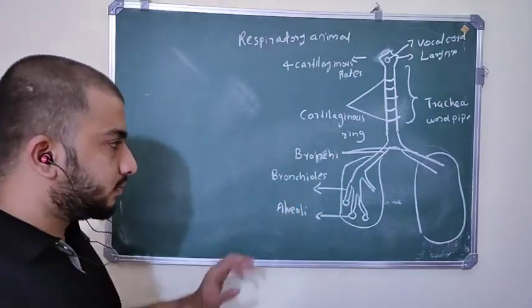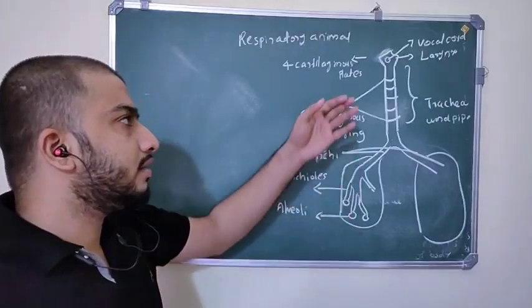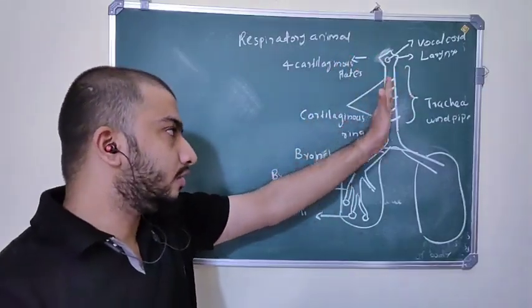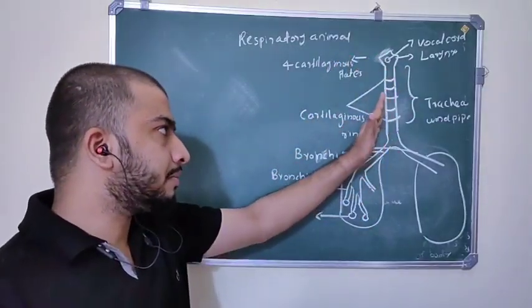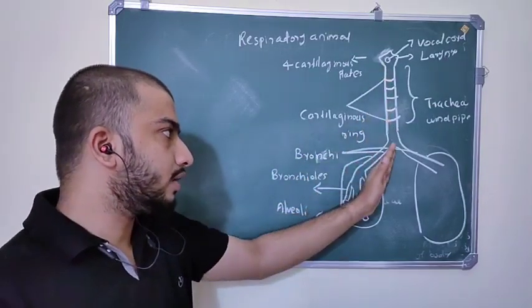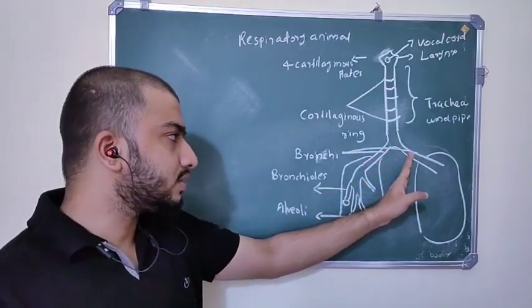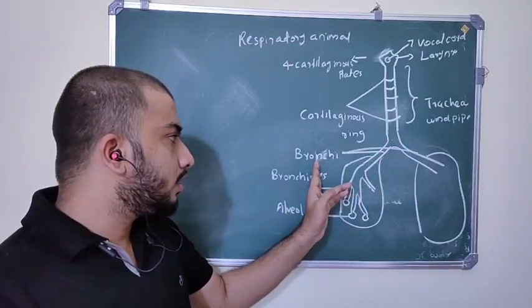This is about the respiratory system of the rabbit. They have a larynx and a windpipe, the trachea. This windpipe is supported by cartilaginous rings, which help in the free passage of air, and this trachea divides into 2 branches called bronchi.